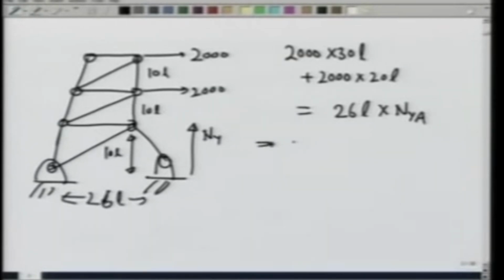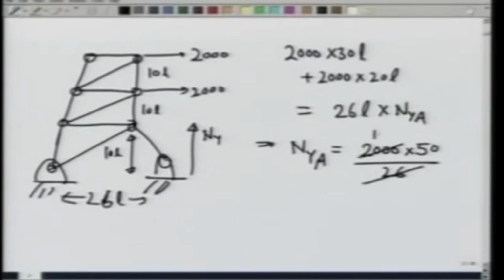This gives me NYA at point A equals 2000 times 50 divided by 26, that is 1000 times 50 over 13, equals 50,000 over 13 newtons in the direction shown.